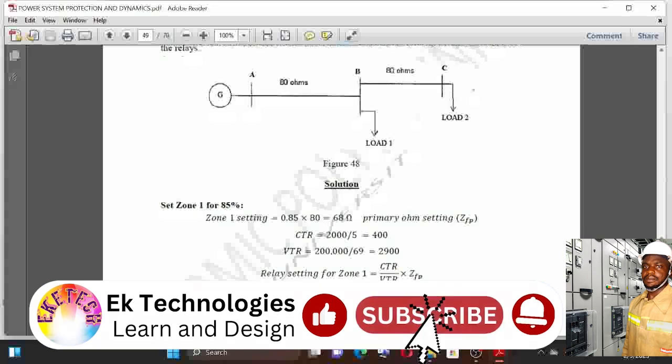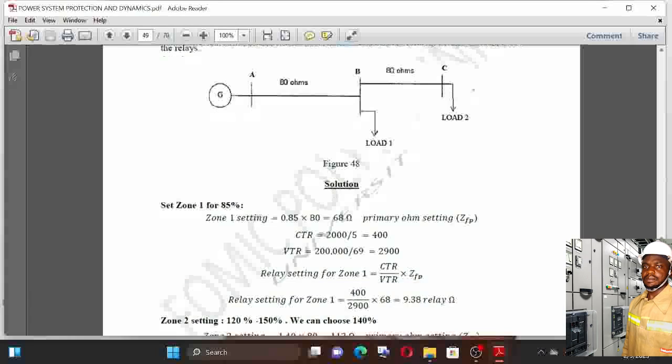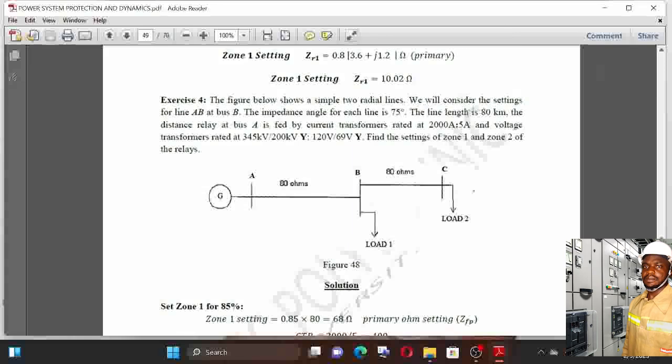Primary ohm setting. But now that's on the primary. So we need to measure that which will be at the terminal of the relay, which is the measured impedance for that zone 1 setting. We saw the formula up there, which was current transformation ratio divided by voltage transformation ratio times the fault impedance.